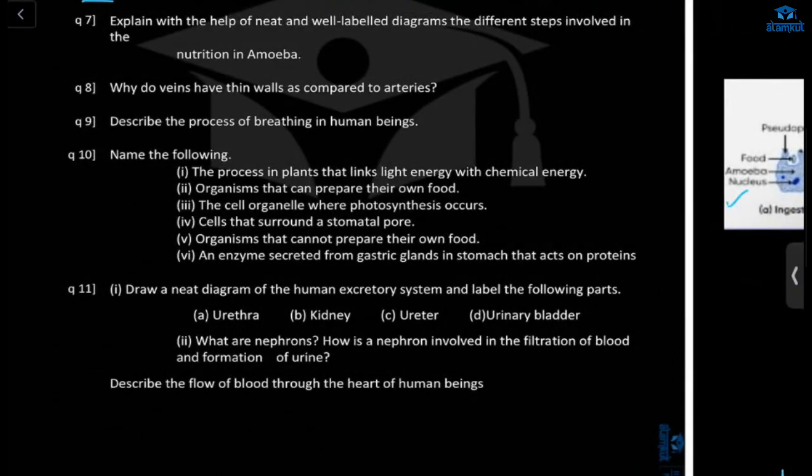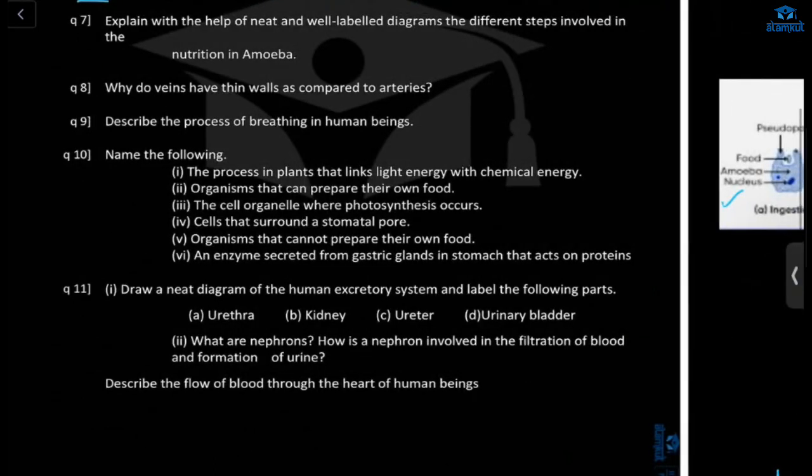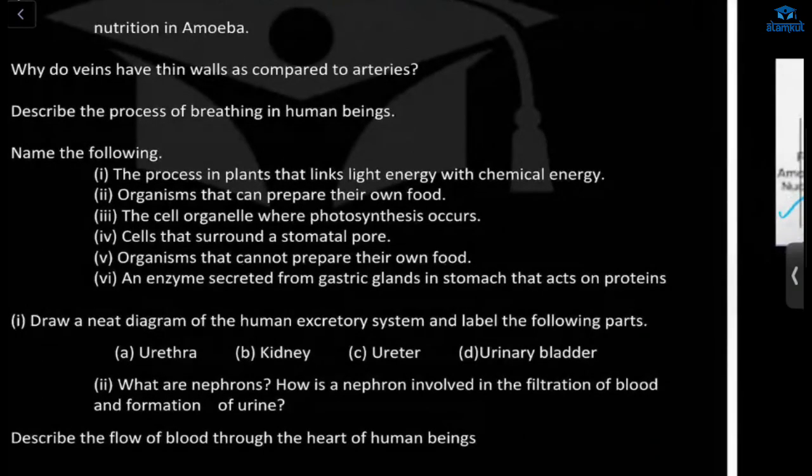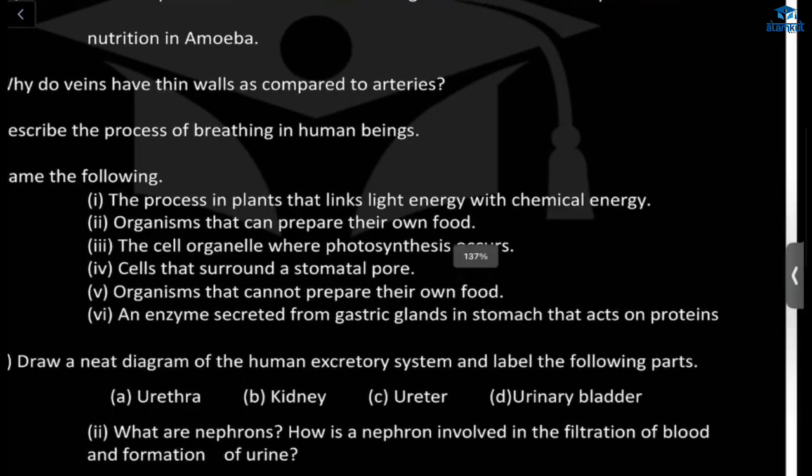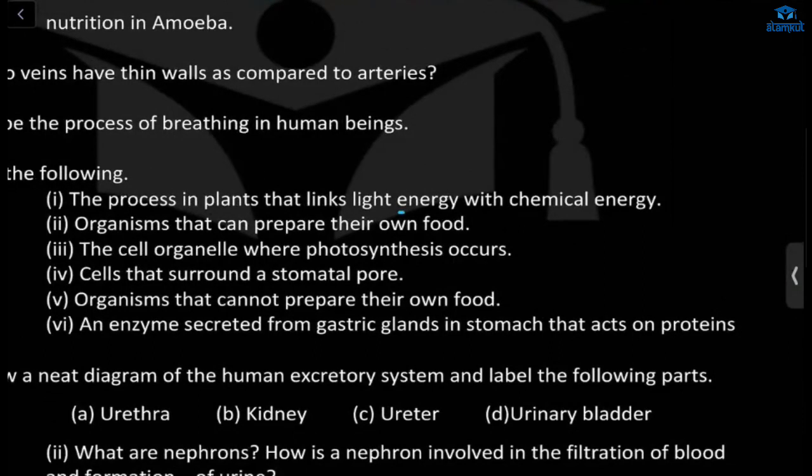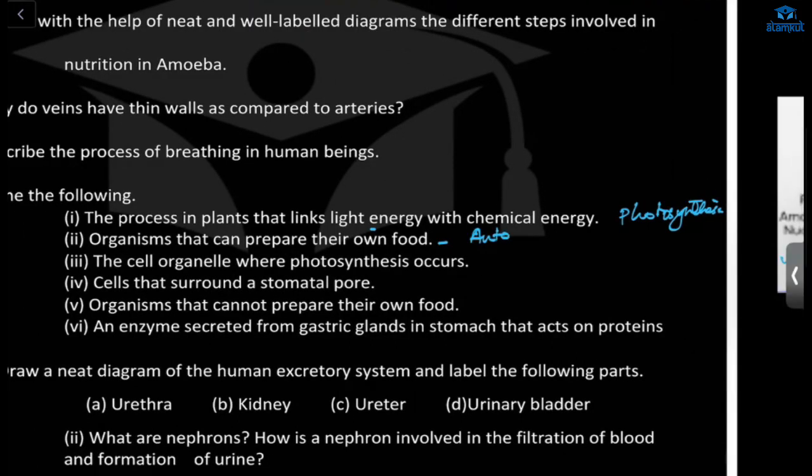Next one, name the following. These five or six questions are very easy, right? The process in which plants convert light energy into chemical energy. What is that process? Photosynthesis. Okay. Organism that can prepare their own food. This one, autotrophs. Okay. Cell organelle where photosynthesis occurs.